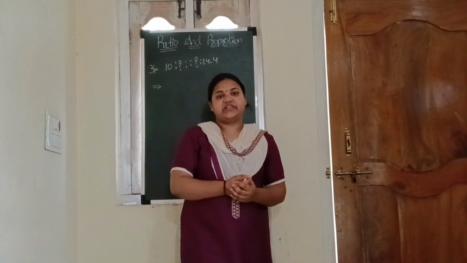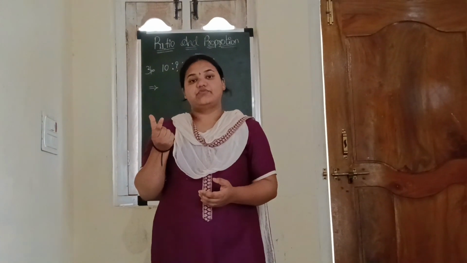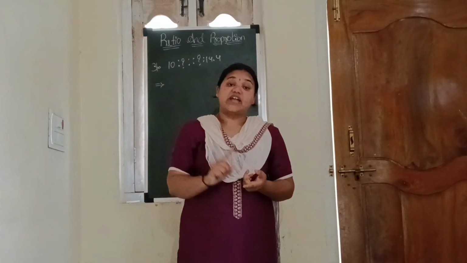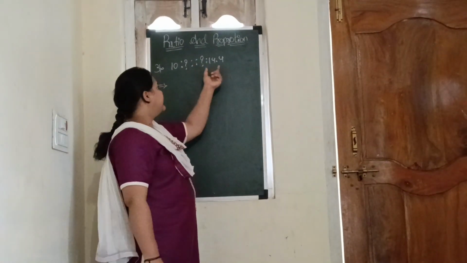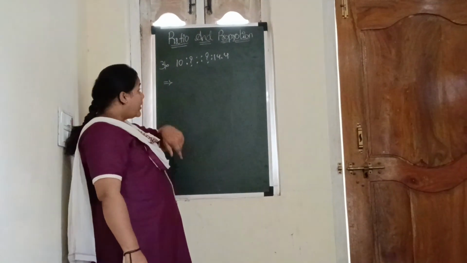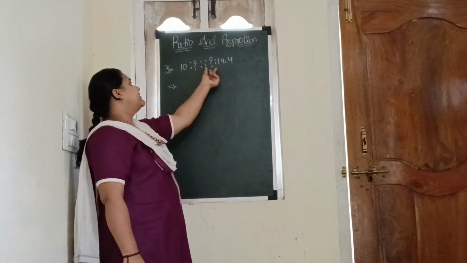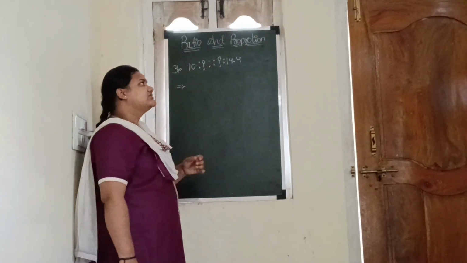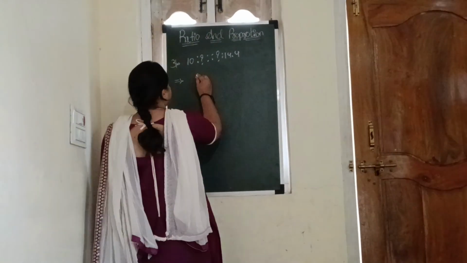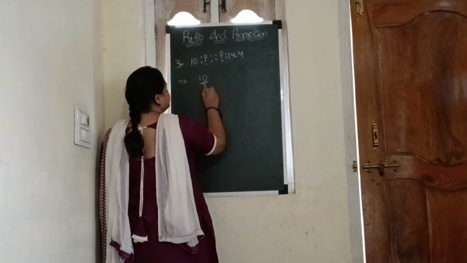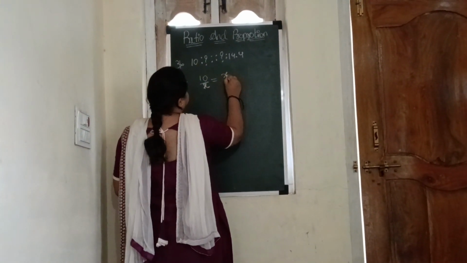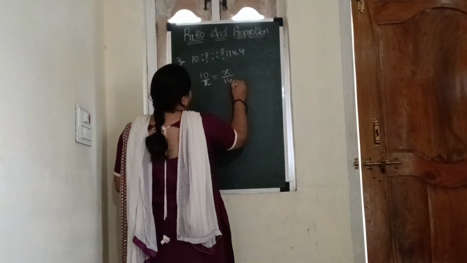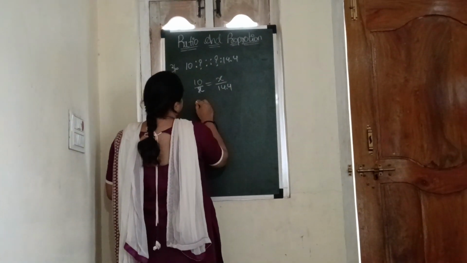So till now we have seen that one ratio is missing, and we have seen the fraction form. Now we will solve a decimal form, and also two ratios are missing. So let us find it out. So 10 by x is equals to x by 10.4.